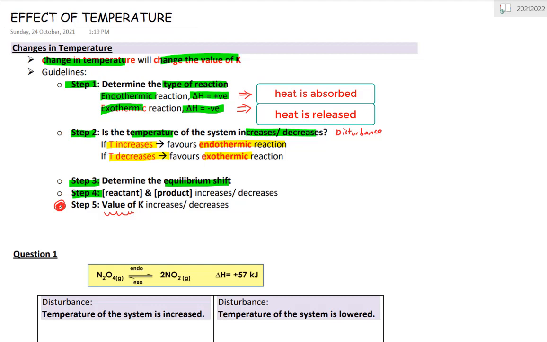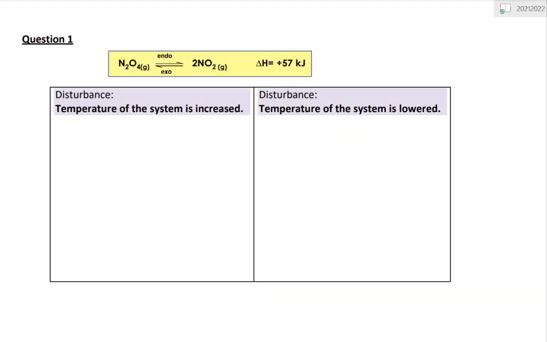identify this. Given in example question 1, you have N2O4 gas as the reactant and NO2 gas as the product. In our first step, we need to determine the type of reaction. So focus on the value of delta H. You have a positive value.